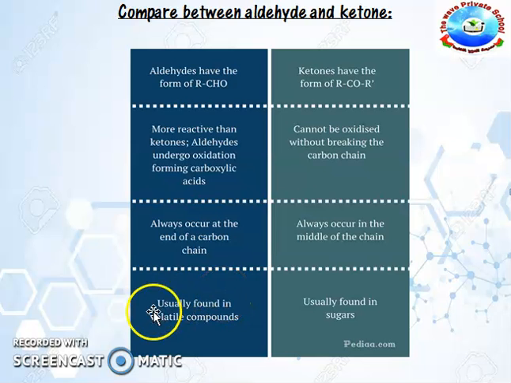Aldehydes are usually found in volatile compounds. What is volatile? Volatile means which is easily evaporated. Okay, and see, ketones are usually found in sugar.